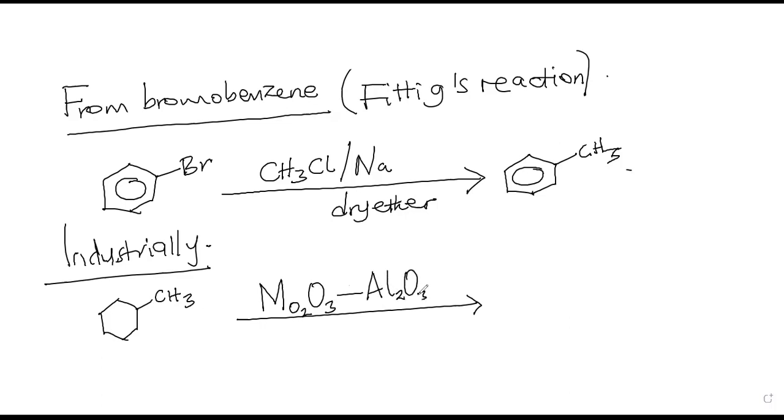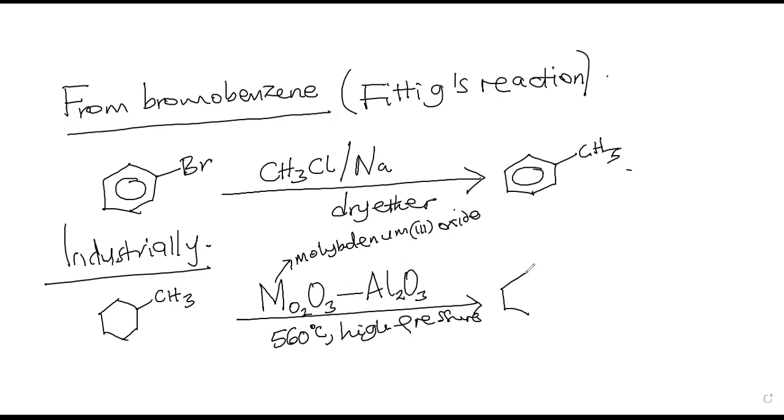This is a mixture of catalysts, molybdenum(III) oxide with aluminum oxide, at a temperature of 560 degrees Celsius and high pressure. This will give you methylbenzene directly. So these are the only three methods that one can rely on to produce methylbenzene.